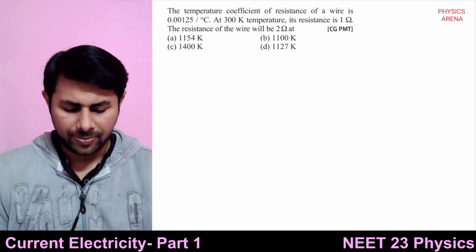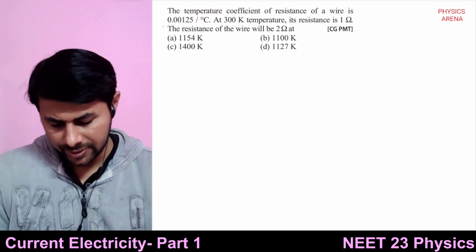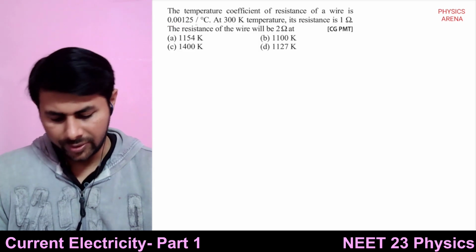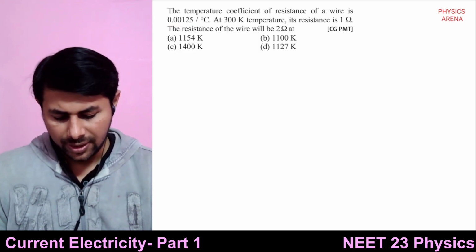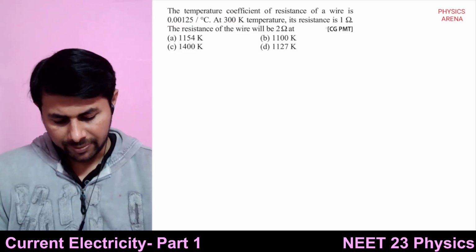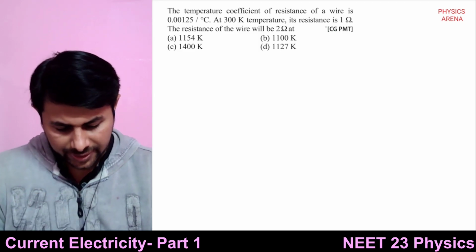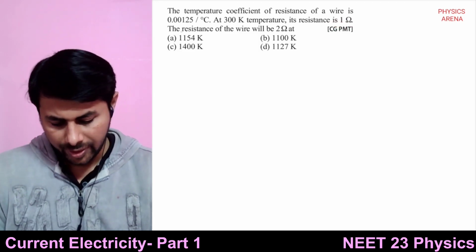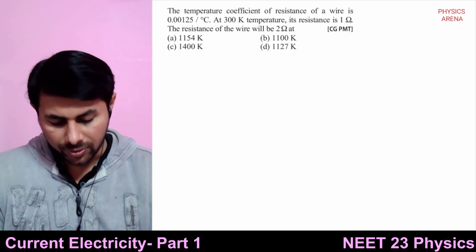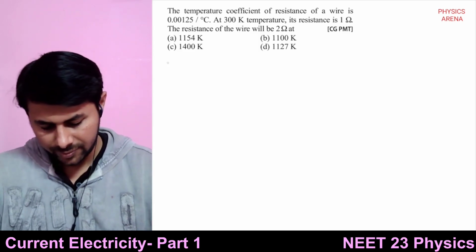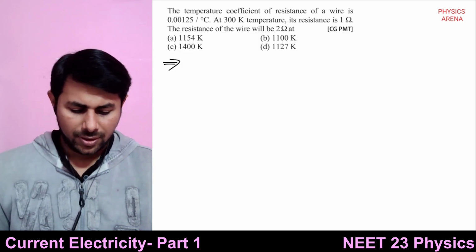The temperature coefficient of resistance of a wire is 0.00125 per degree Celsius. At 300 Kelvin temperature, its resistance is 1 ohm. The resistance of the wire will be 2 ohm at? This is the question.